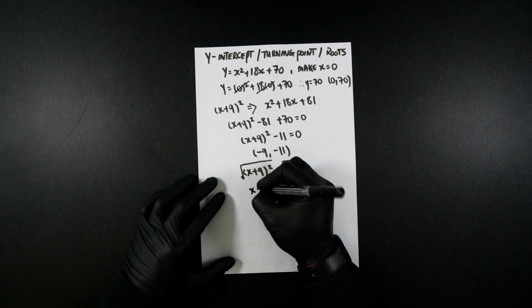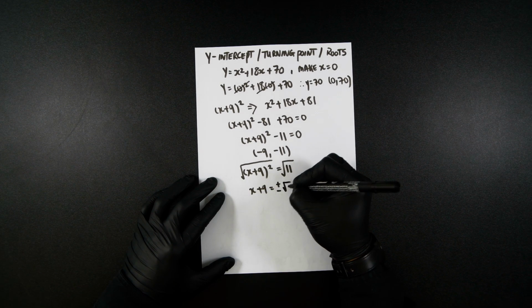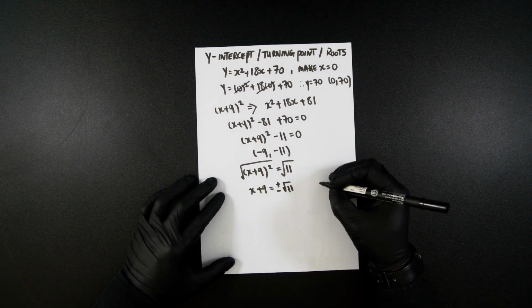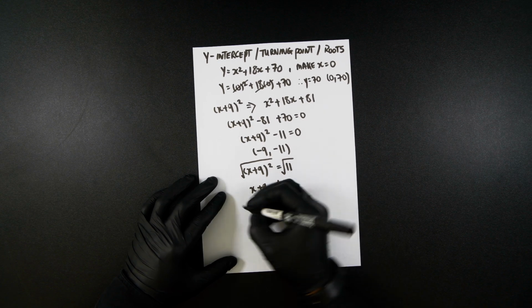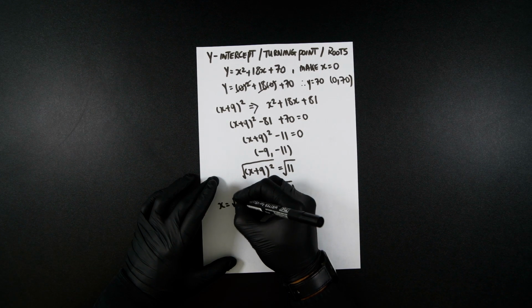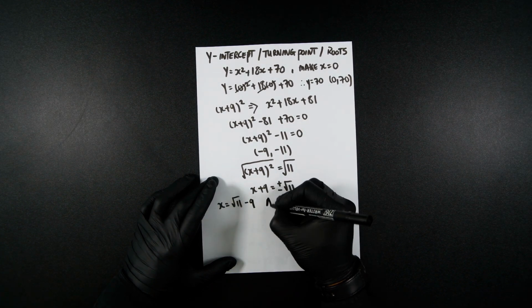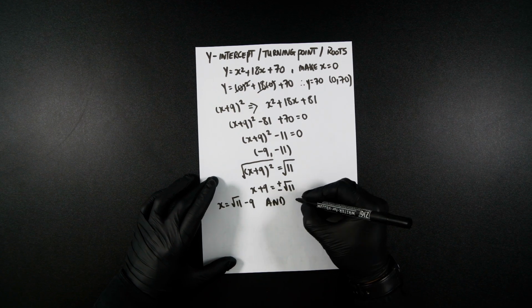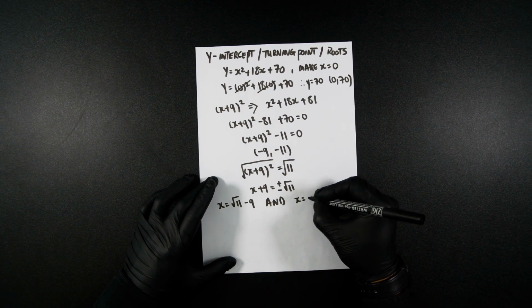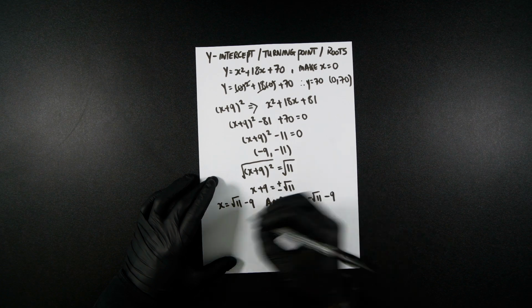So we're going to get x plus 9, which equals plus or minus root 11. Let's subtract 9 from both sides. So we will then get x equals plus root 11 minus 9, and x equals minus root 11 minus 9.